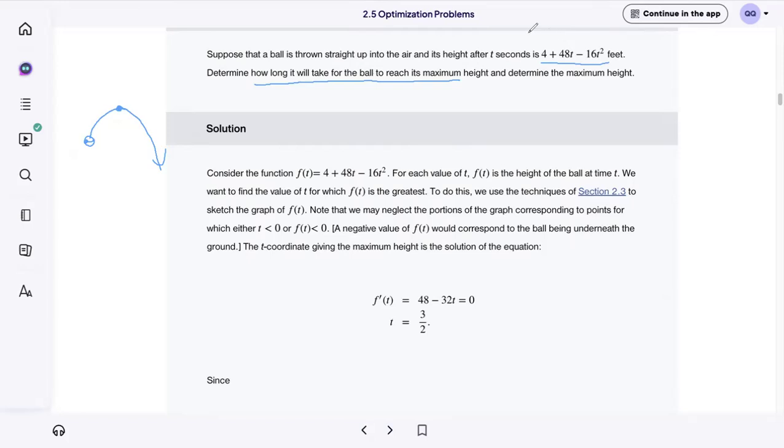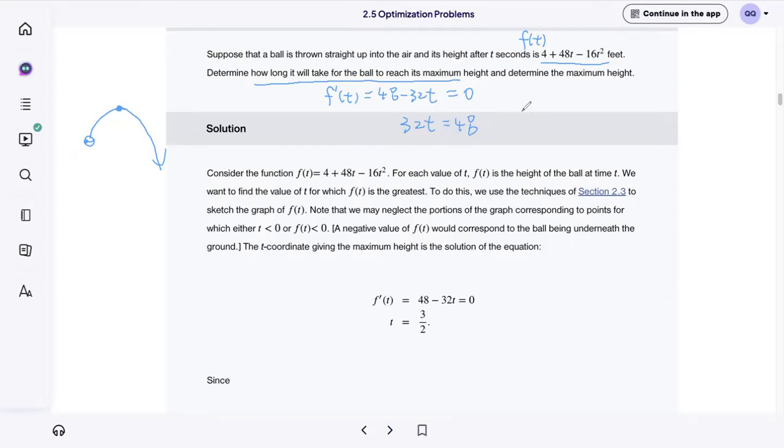Well, given this function, we can write it as f of t. We just have to find f prime of t, which is 48 minus 32t. And then we set this to be 0. We can rewrite that as 32t equals 48.